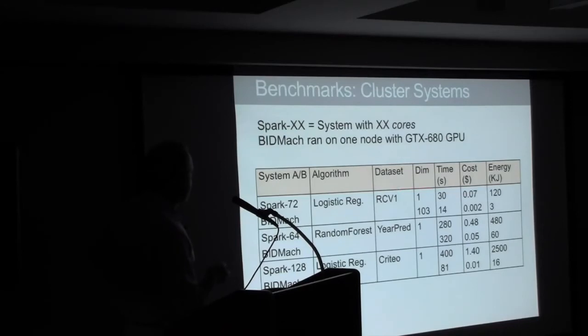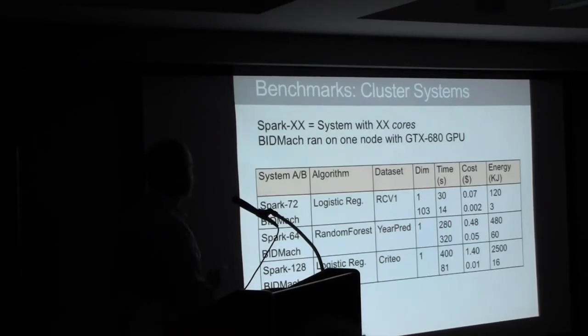Here, this is a 72-core system, so like an 18-node system. It actually had 4-core nodes. And in about half the time, we train 100x as many models. This is because Spark doesn't currently support multi-label learning, but even if they did, they're not going to get faster running 100 models versus 1, so we'd still be competitive.